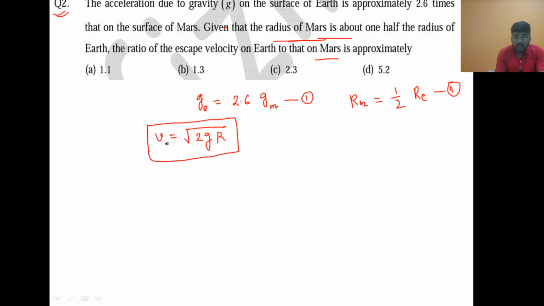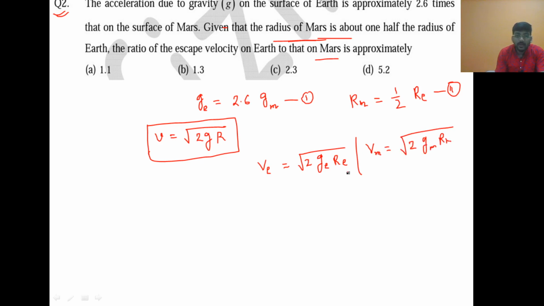Now if we talk about the escape velocity of earth, then it will be root twice ge into re. Similarly, the escape velocity of Mars will be vm equal to root twice gm into rm.